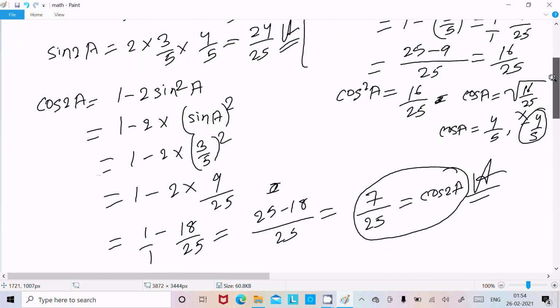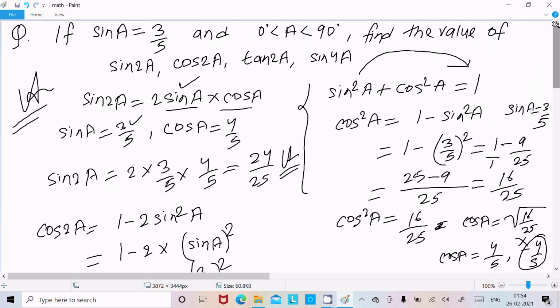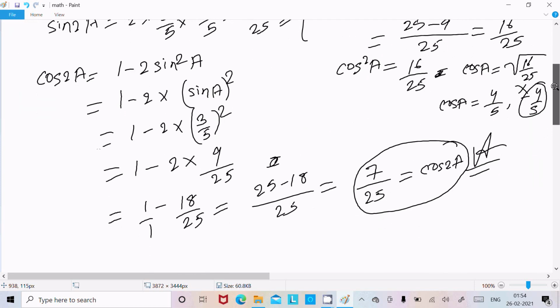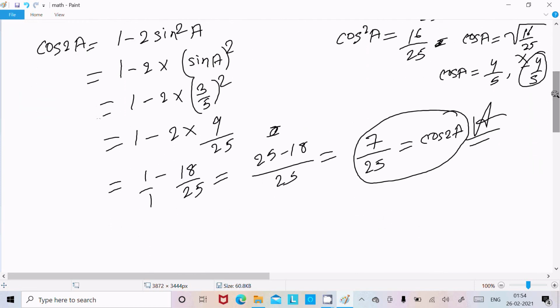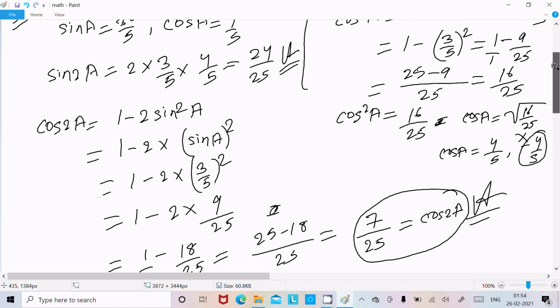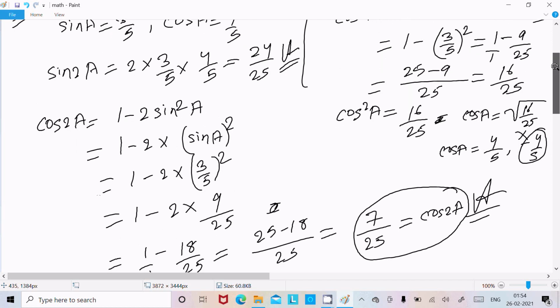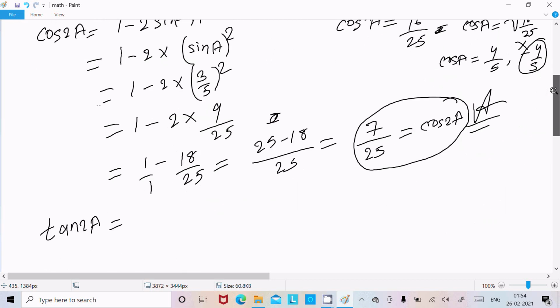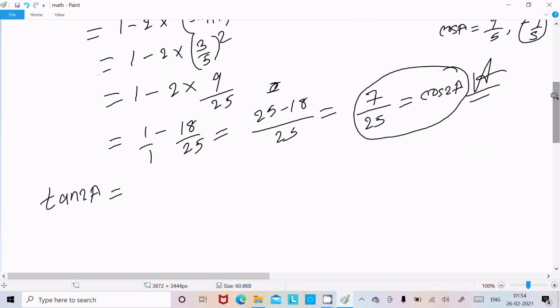sin 2A. Now hereafter we need to calculate tan 2A. So we can easily calculate tan 2A. So here we can write tan 2A equal to sin 2A divided by cos 2A.